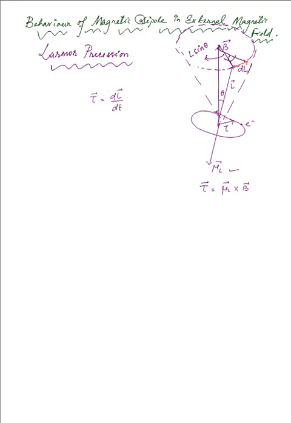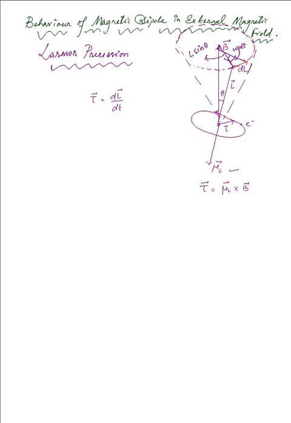In time dt, the angle that it will take will be equal to omega times dt. So omega dt is the angle that it will sweep in time dt with a constant angular speed omega. That is the case of the angular momentum.